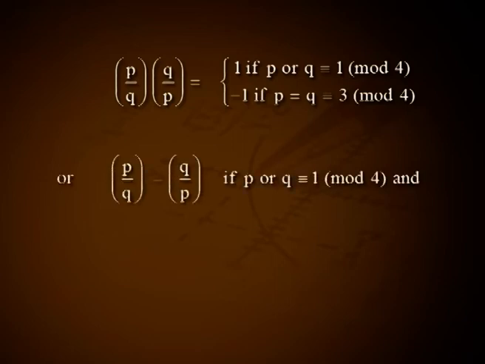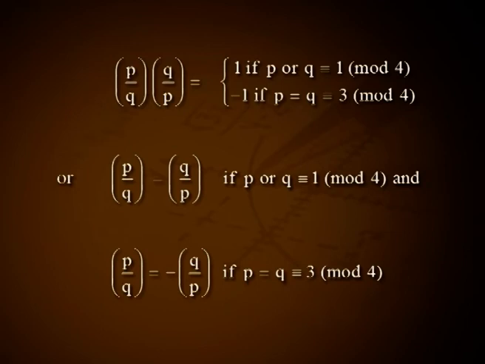So that (p/q)(q/p) is equal to 1 if p or q is congruent to 1 mod 4, and equal to -1 if p and q are both congruent to 3 mod 4. That is, (p/q) is equal to (q/p) if p or q is congruent to 1 mod 4, and (p/q) is equal to -(q/p) if p and q are both congruent to 3 mod 4.